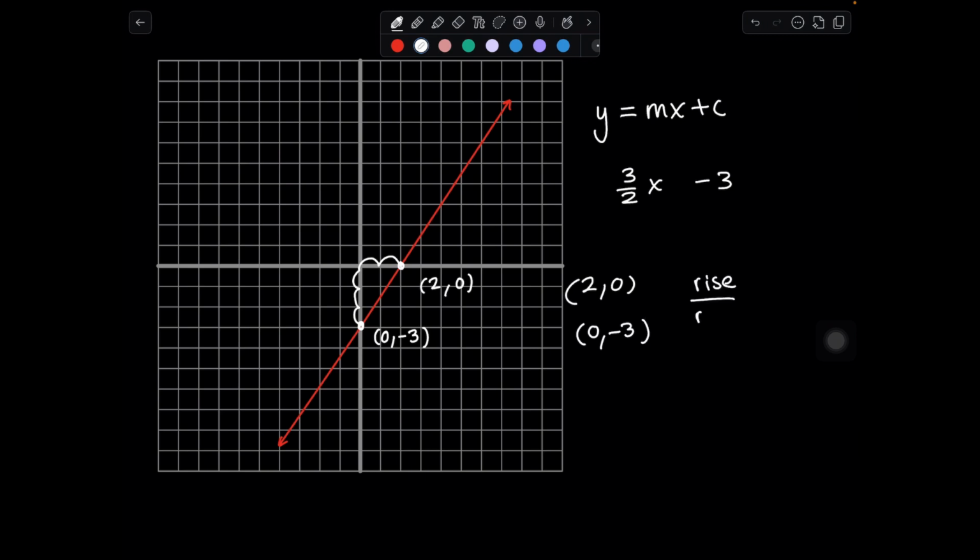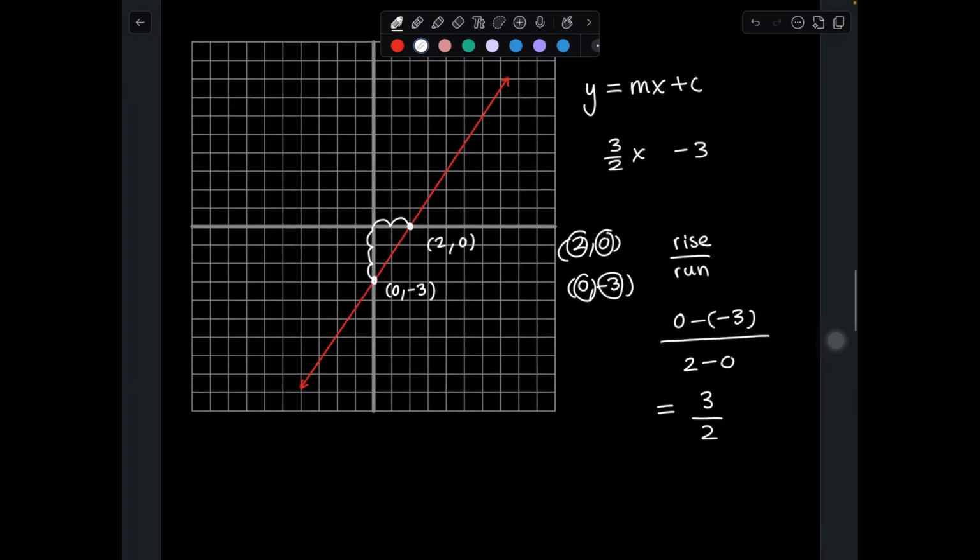So you go this one minus this one over this one minus this one. And that gives you 0 minus -3 is +3 over 2. Okay, so we get the same answer as before, and our answer is y equals 3 over 2x minus 3.